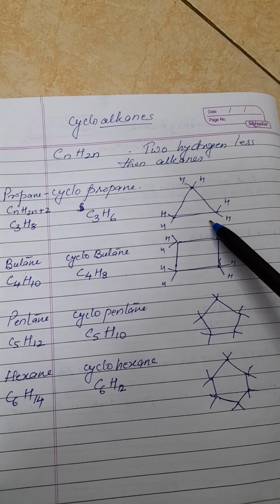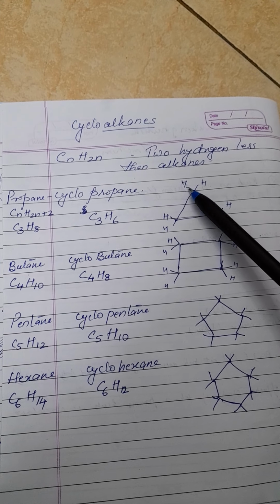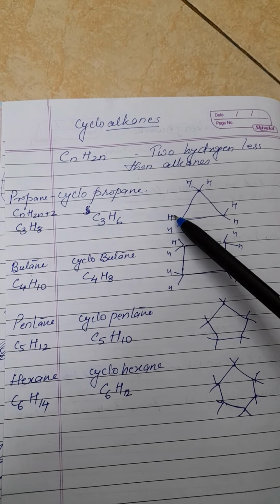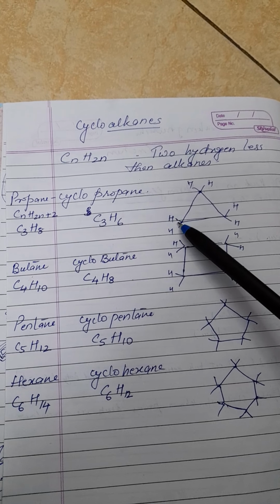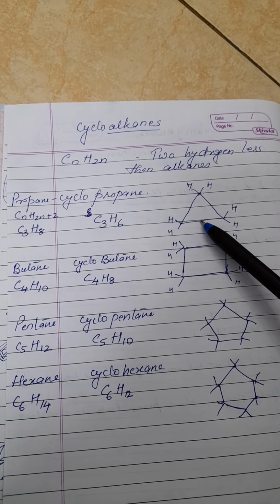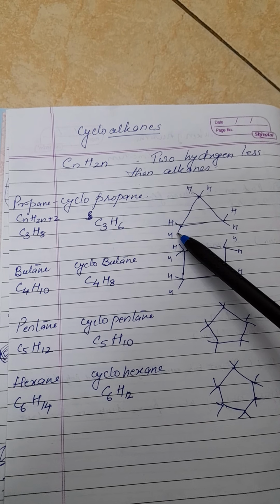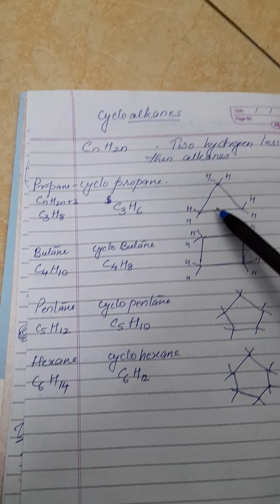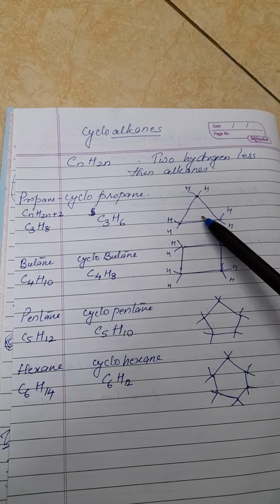The triangular structure will form having 3 carbons and 6 hydrogens. Each carbon has 4 bonds: 2 bonds are used during the formation of the ring, and the rest 2 are present outside in the form of hydrogen bonds. So in this way, a cyclic ring of 3 carbons is obtained, forming cyclopropane.